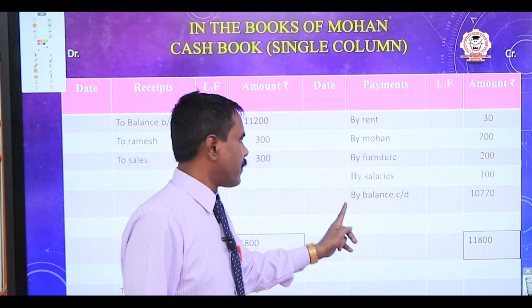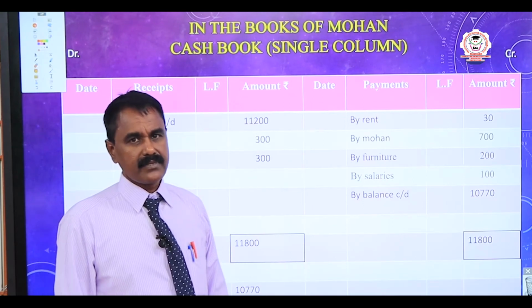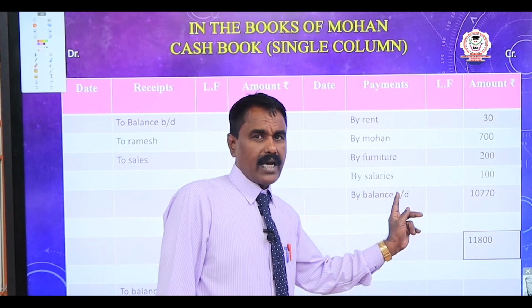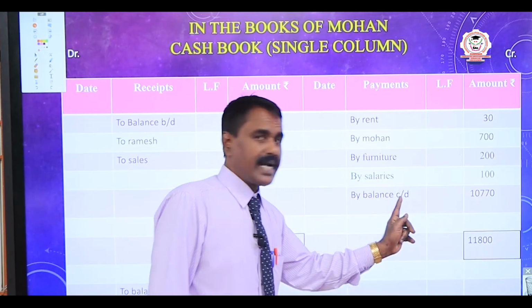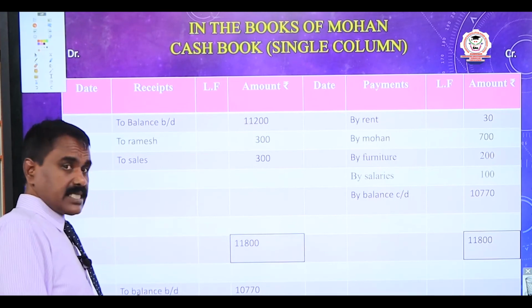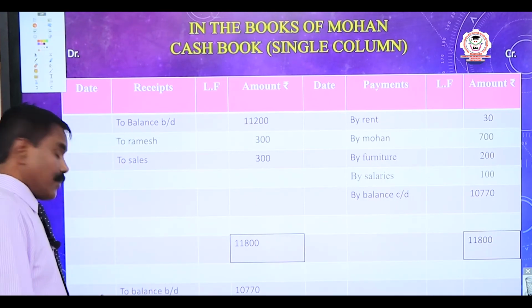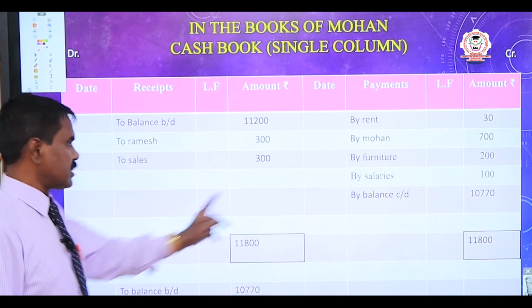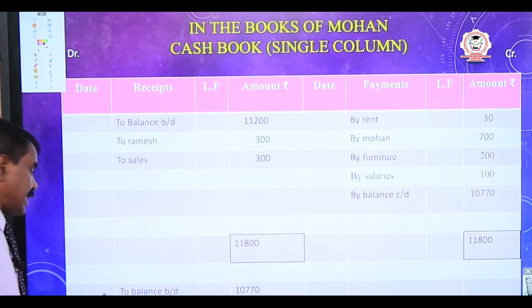There you can write By balance c/d. C/d means carry down. According to accounting principle, this should be debited on the opposite side, that is the debit side, by writing the next day. If here it is March 31st, here we will write April 1st.